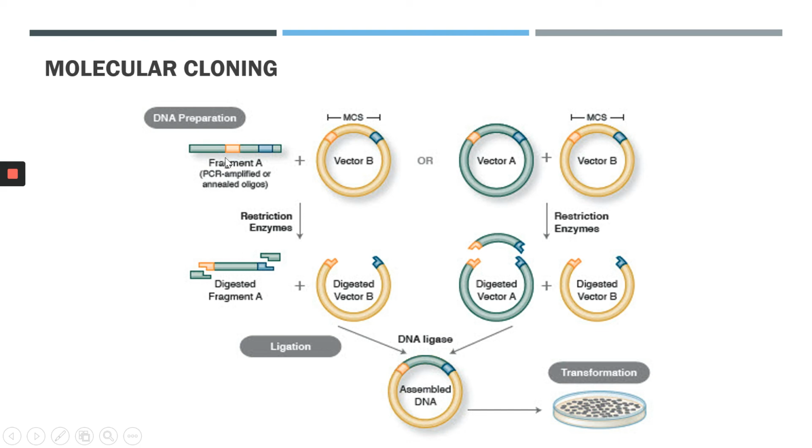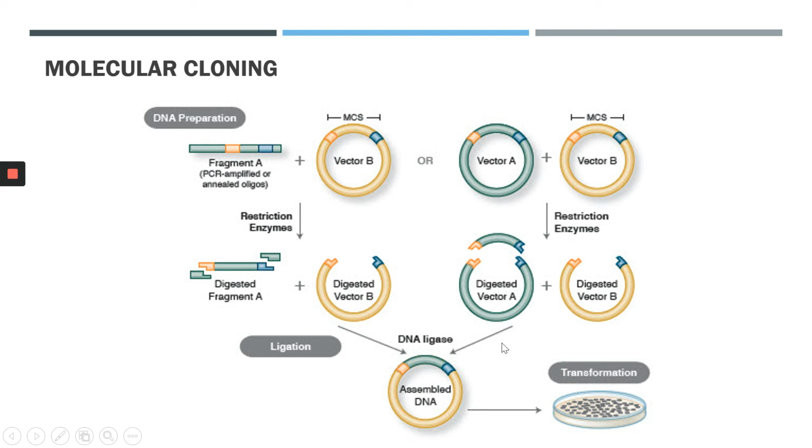Either we can have a PCR amplified fragment of DNA, and that DNA fragment can be ligated to a vector. Alternatively, we can digest two vectors with the same restriction enzymes, and we can take an insert DNA fragment from vector A and ligate it to vector B so that it can be grown in a particular bacterial host.